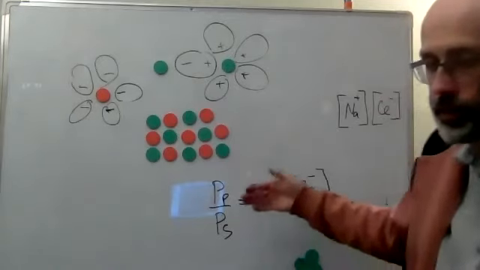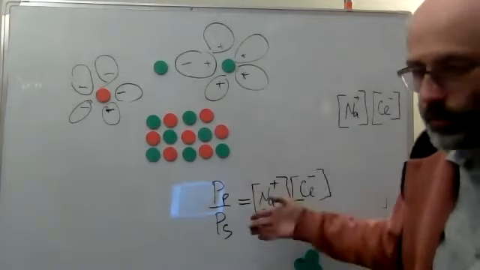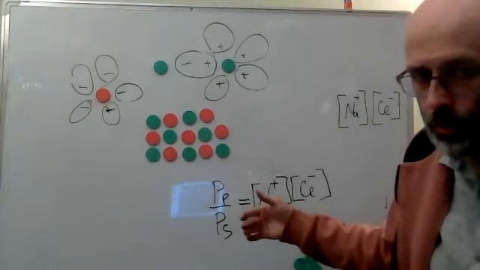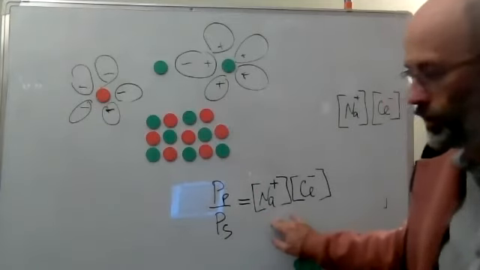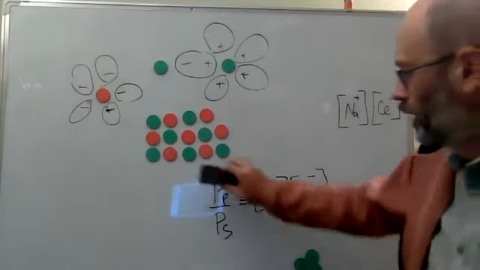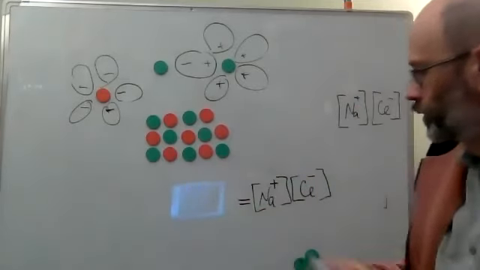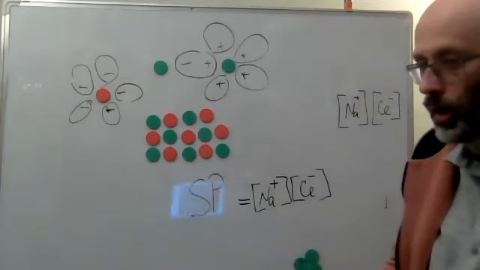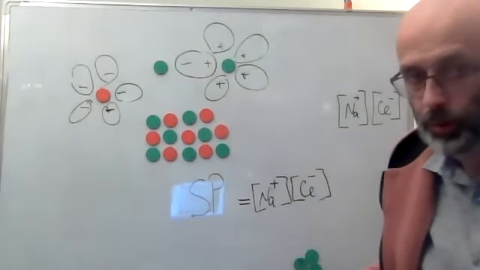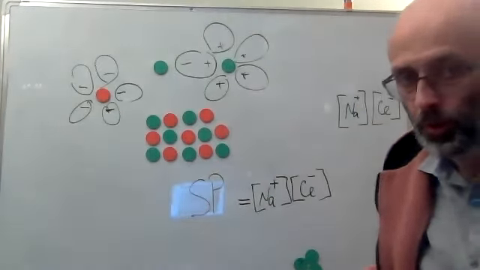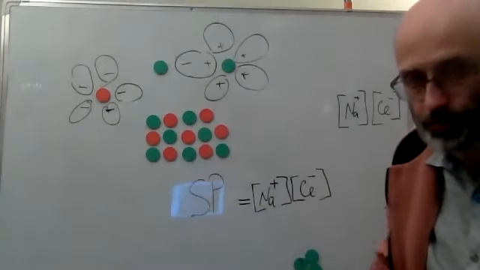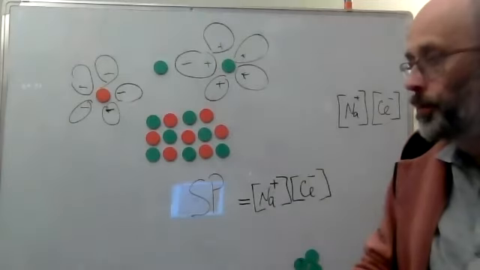And you can find it in any text, in every handbook. And this is a parameter. And this parameter, again, is called the solubility product. Obviously, the smaller this quantity, the less soluble the ionic compound is.